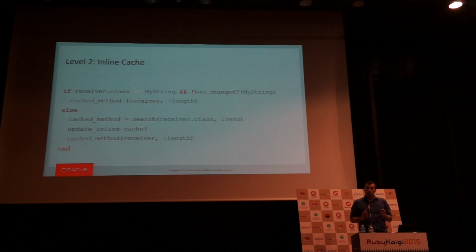And because Ruby is a dynamic language, the receiver type can change. So we need to guard this cached lookup with a check that the receiver class hasn't changed. We have to guard that the type of the receiver hasn't changed, and then that the receiver's class and its ancestors also haven't changed. So you have these two guards in place.